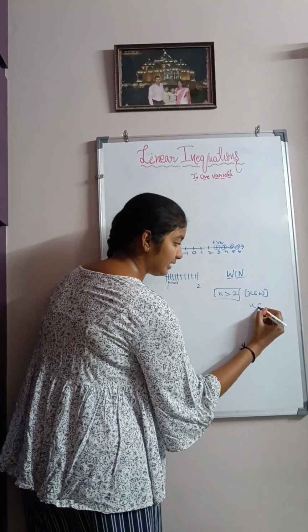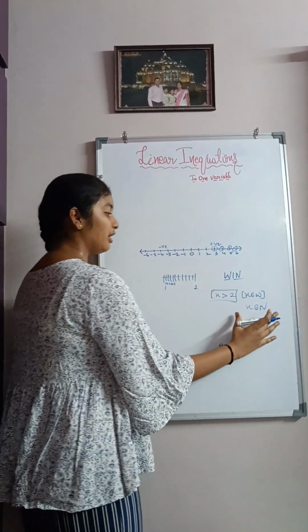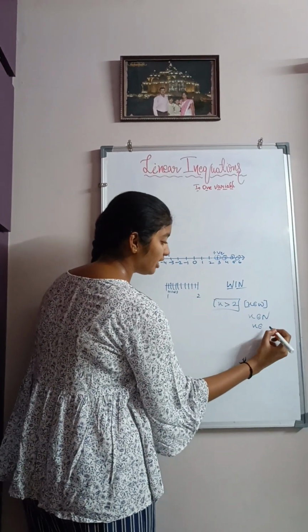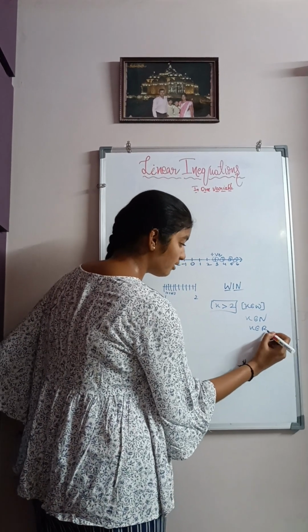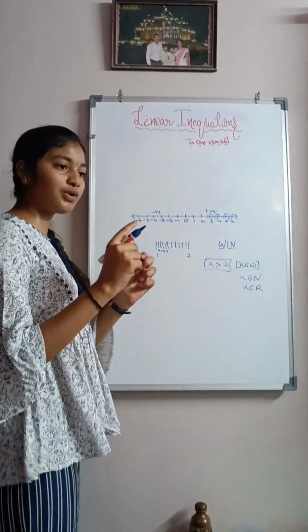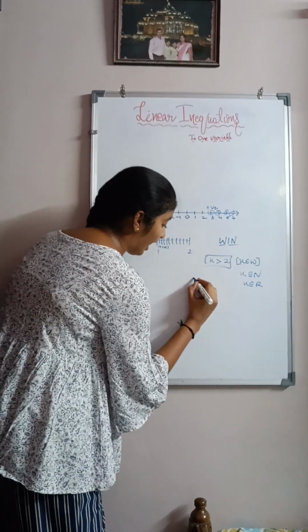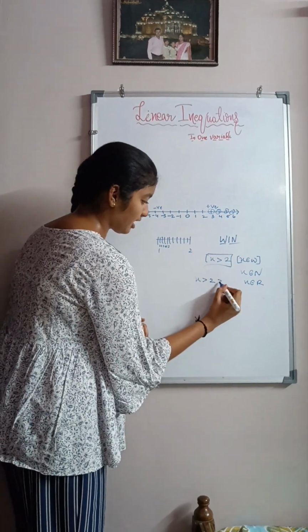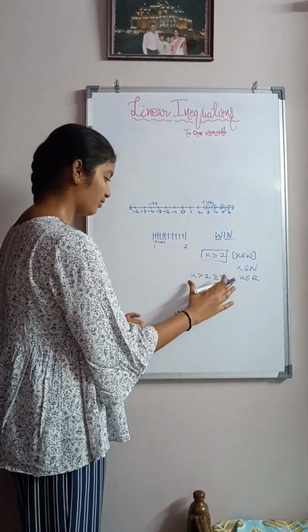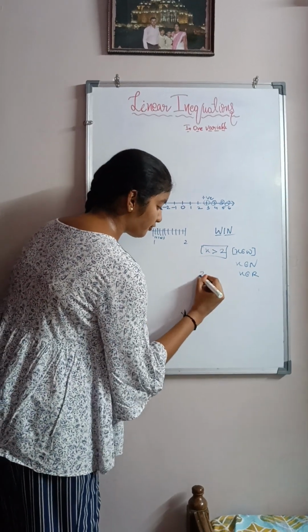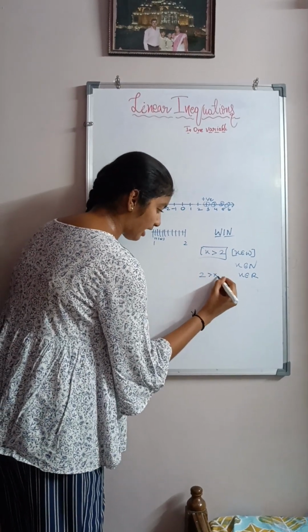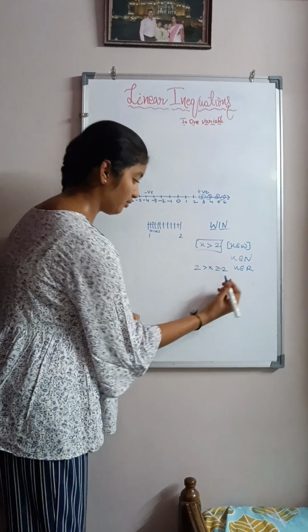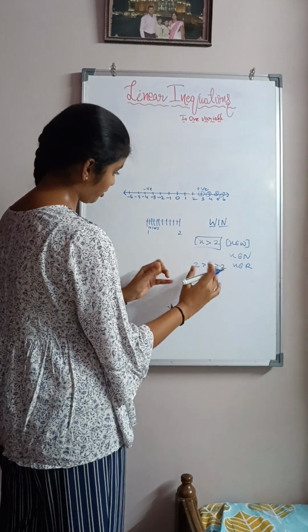And coming on to x belongs to natural numbers, natural numbers are handled the same as whole numbers. For real numbers, we need to have two inequalities. For example, if 2 is greater than x and x is greater than or equal to minus 2, then what will be the solution set?